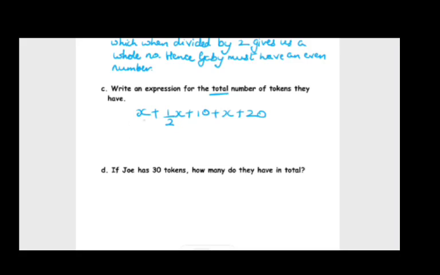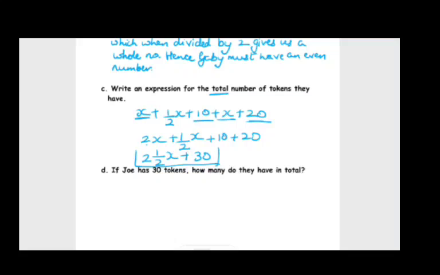Let me add up all of them. We have x plus x makes it 2x, plus another half x. And then I have 10 plus 20, which is 30. So if I add up, eventually it becomes 2.5x plus 30.